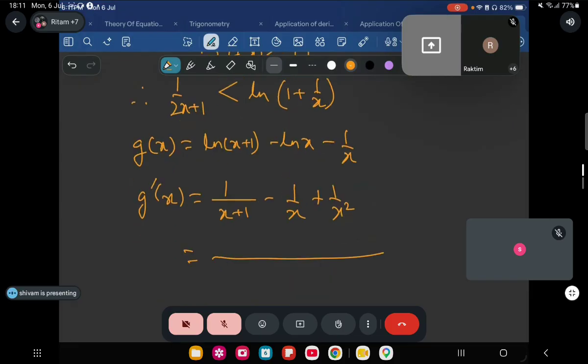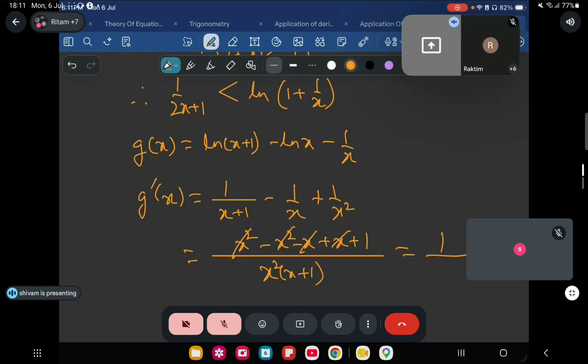So take x square into (x + 1) as LCM. The numerator would be x square minus x into (x + 1) plus x plus 1. You see x square and x get cancelled, we'll get 1 by x square into (x + 1).